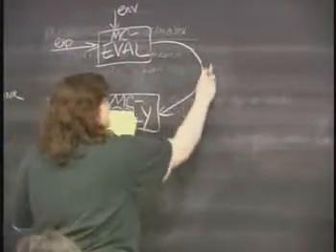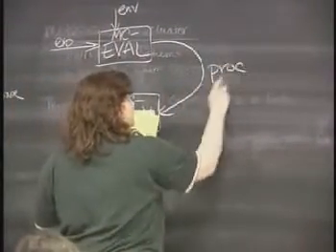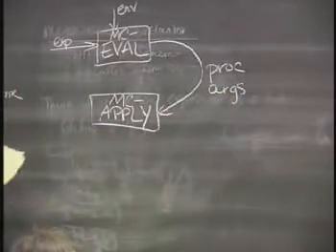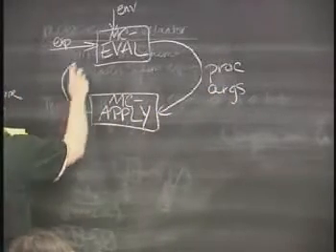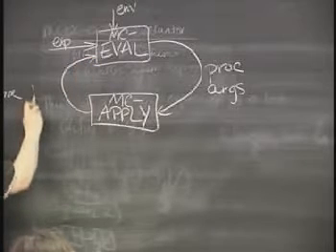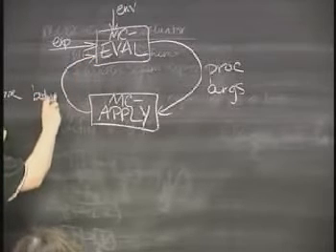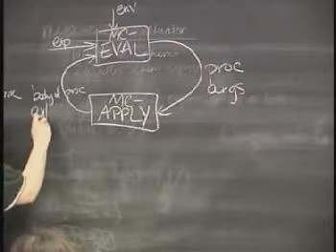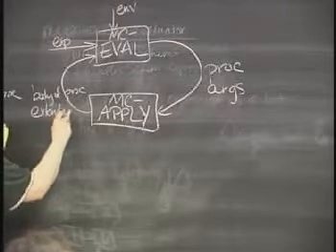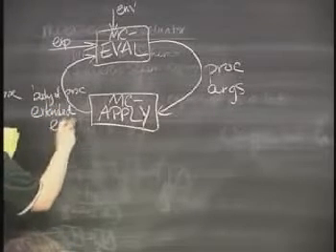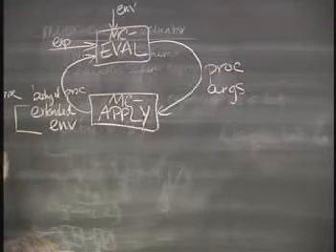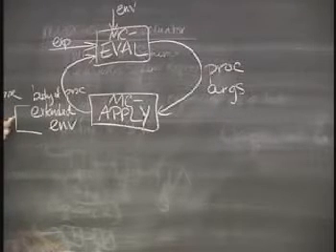And it passes a procedure and arguments to MC apply, which then passes back to the evaluator the body of the procedure and what we're going to call an extended environment.